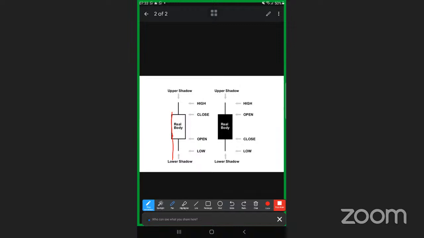So the opposite of what is happening here is what is happening here. Meaning, if the close is below the open, here I was saying if the close is above the open, but here I'm saying if the close is below, meaning at the bottom, it means that the candlestick is bearish.